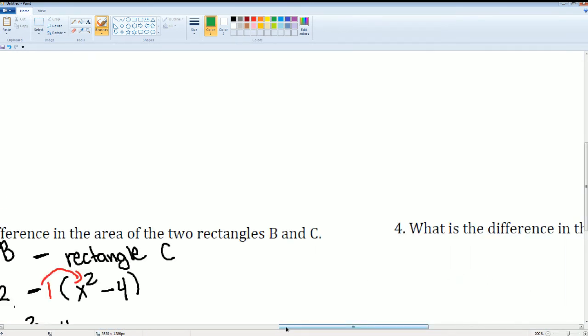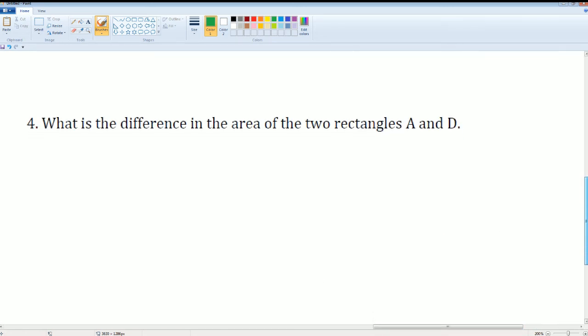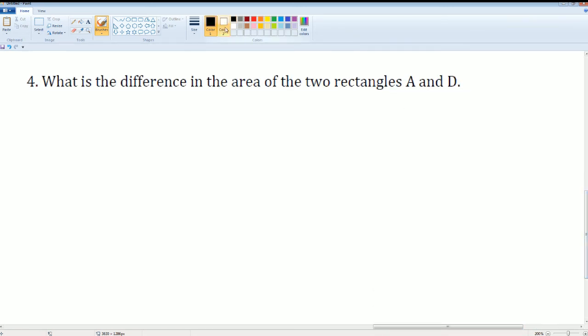Lastly, what is the difference in the area of triangle A and D? All right, so here you have rectangle A, and you want to find the difference, so that is subtraction. Rectangle D. Okay?